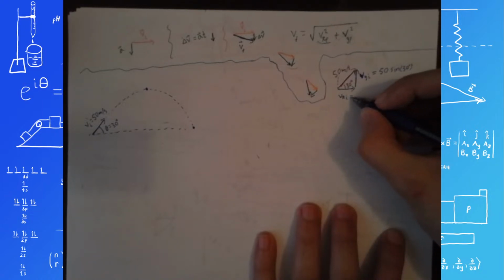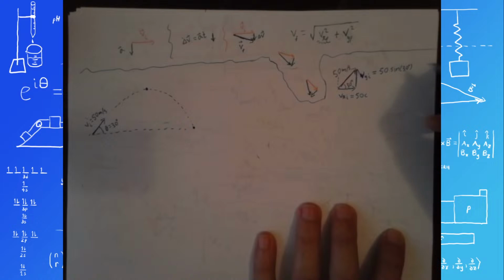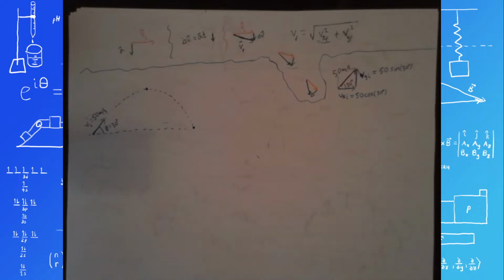And this would be the adjacent component. Adjacent goes with cosine. Remember, sine and cosine go with opposite and adjacent respectively, not y and x. A lot of people just tend to assume that sine always gives you y and cosine always gives you x, but you have to ask which side is the angle touching.